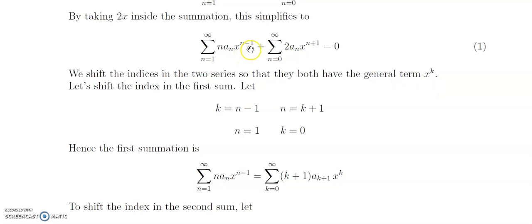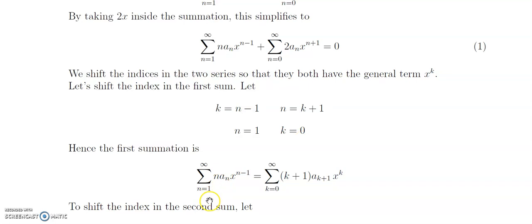So instead of x to the n minus 1 for the first series, we want x to the k. So we shift the index: we let k equal n minus 1. Solve for n, we get n equals k plus 1. The first series starts with n equal 1. When n equals 1, k is 1 minus 1, which is 0.